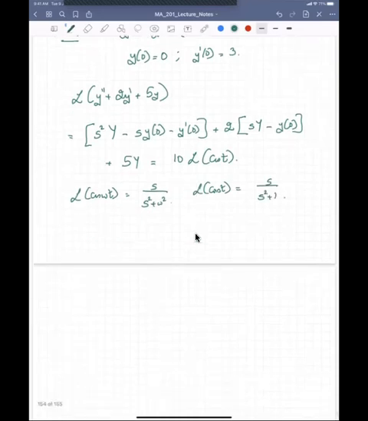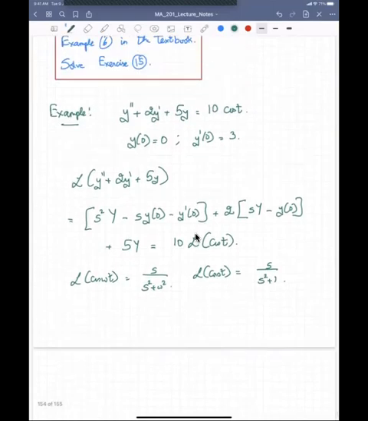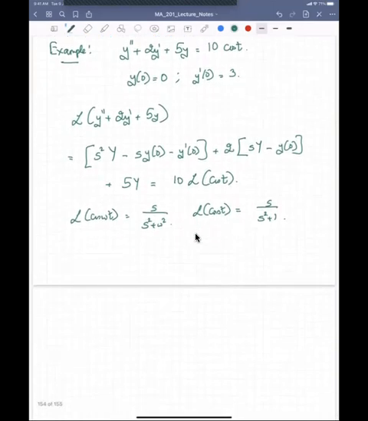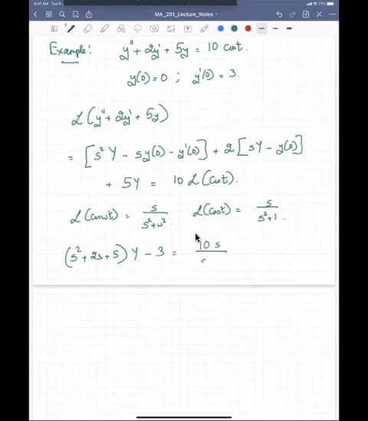So plug everything in, and use the fact that the initial conditions in this problem are such that y at t equal to 0 is 0 and y prime is 3. Collecting terms, you get (s squared plus 2s plus 5) times the Laplace transform of y. This is 0, so I will only have minus 3. This would be equal to 10s over s squared plus 1.